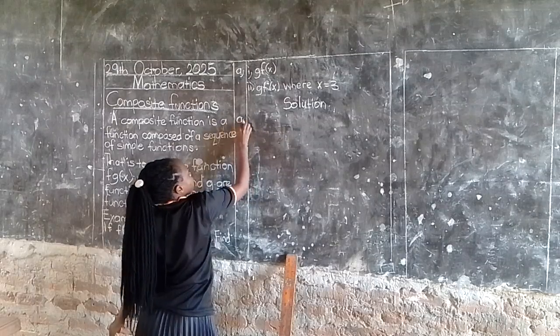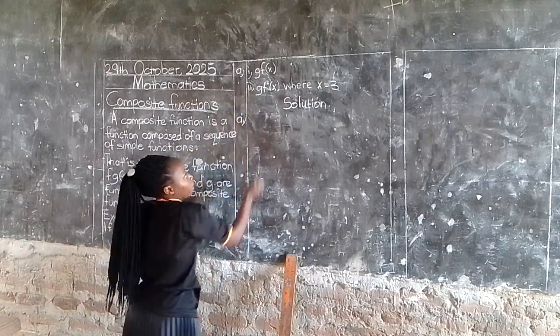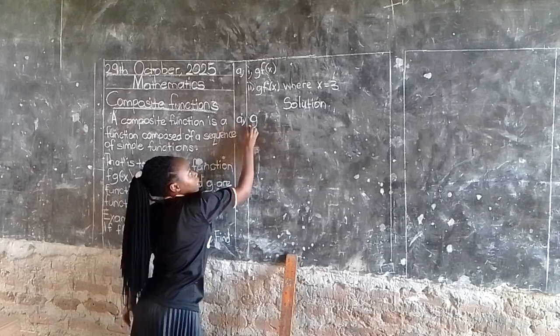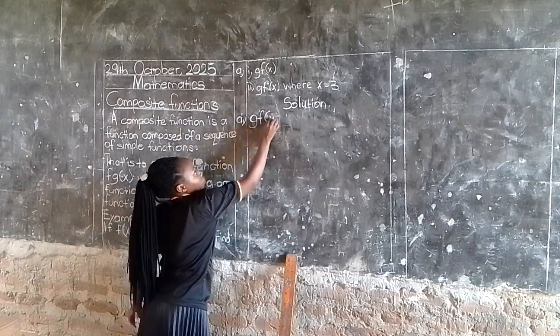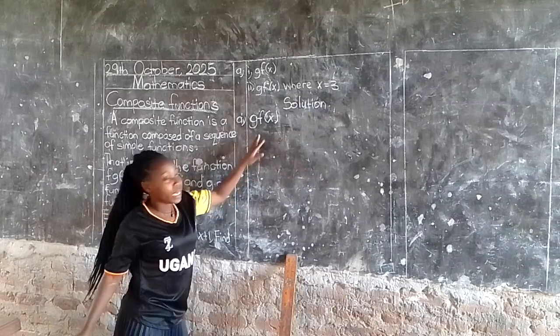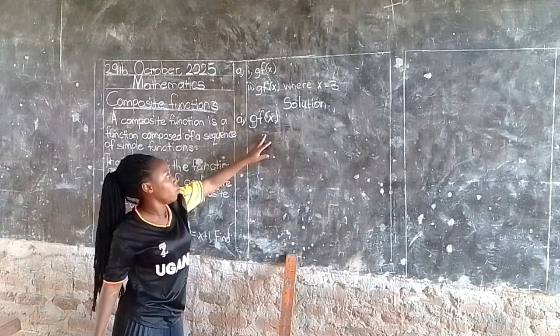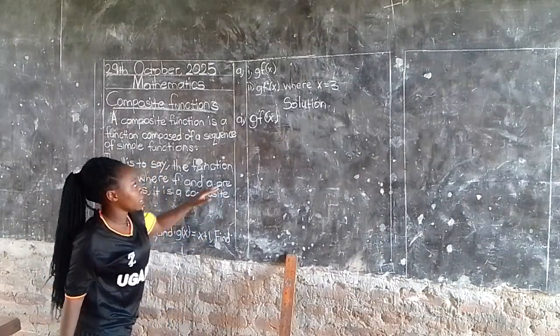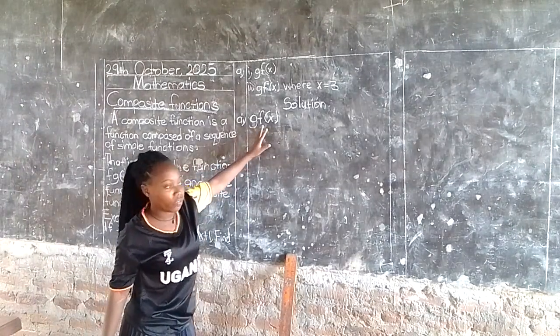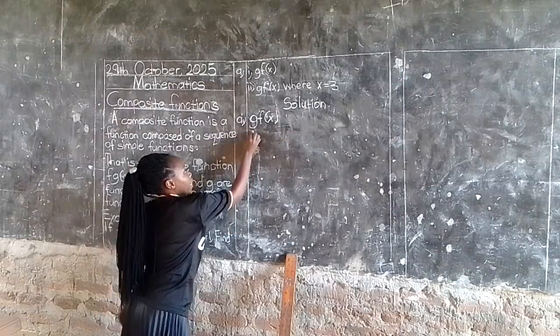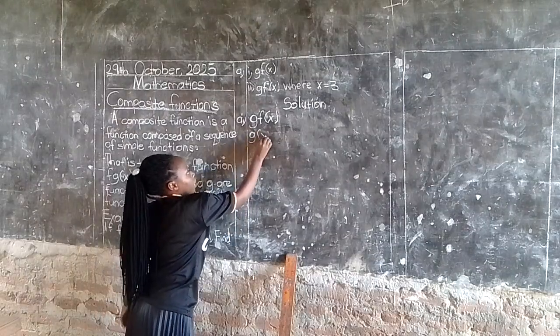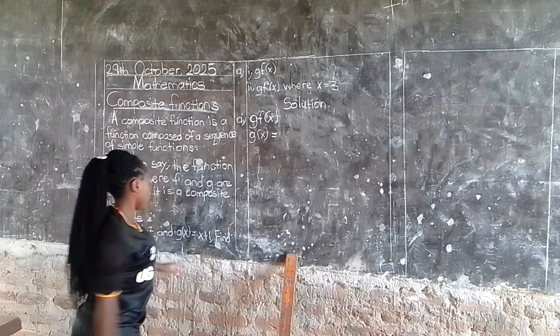Part A, Roman 1. We have g of f of x. How do we start? They have told us to find g of f of x. We have our g of x, which is here.